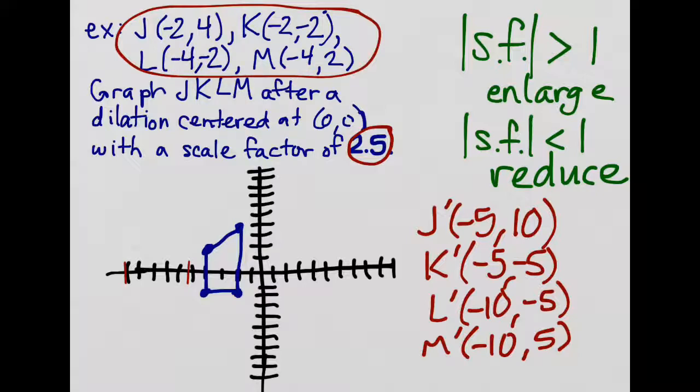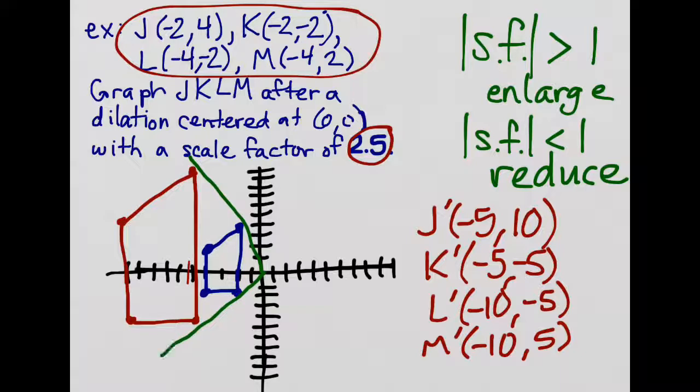Okay, let us go ahead and graph the new one onto our chart. Alright, and there is our new shape. And we can see that if we go from 0, 0 and kind of shoot out, the dilation is centered at 0, 0. So you can draw straight lines from all of those points back to 0, 0.